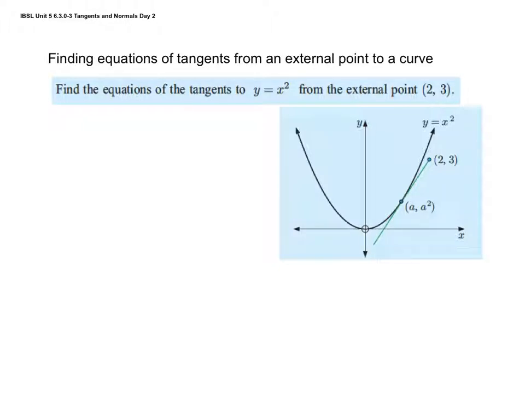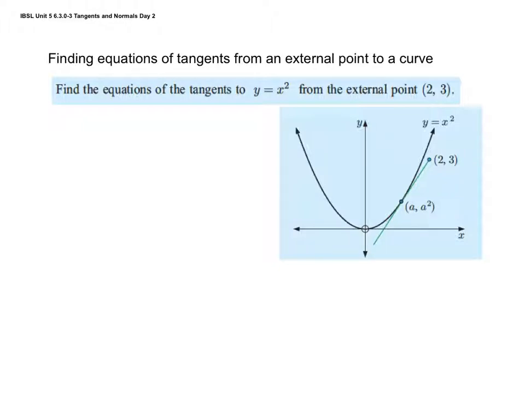So you can see the line right there going through the point 2, 3. And why is that point labeled a squared? I don't know what it is. Why is it a squared, and not like 3a plus 5?